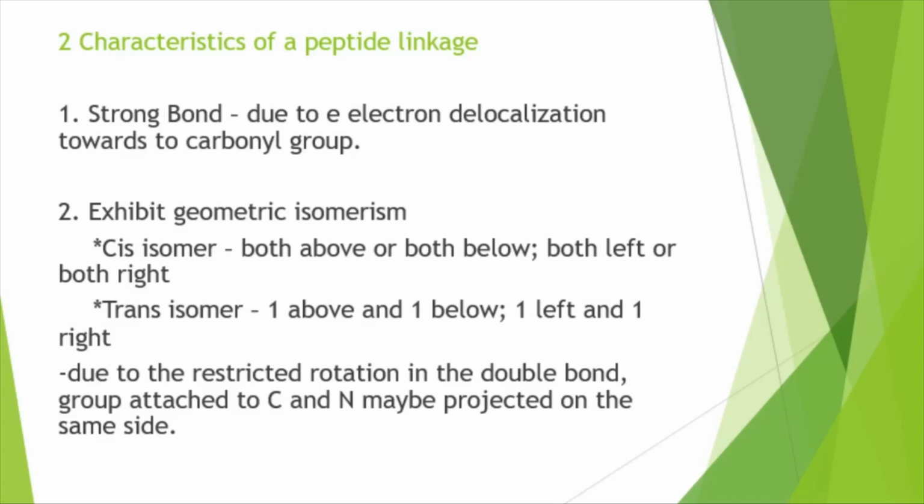Such as one is located above and one is below, or one is on the left and one is on the right. So that's your trans isomer. Due to the restricted rotation in the double bond, groups attached to carbon and nitrogen may be projected on the same side.